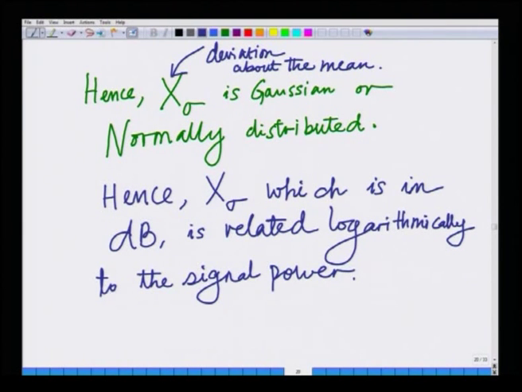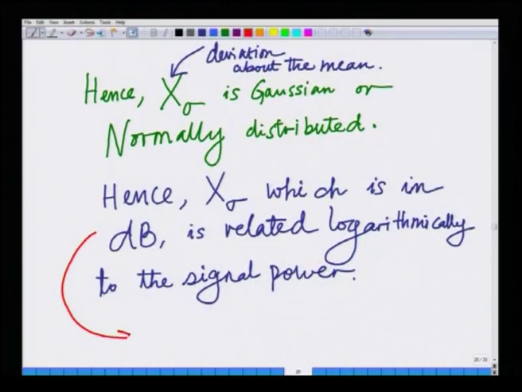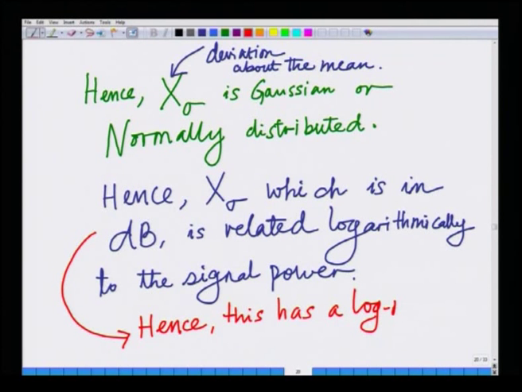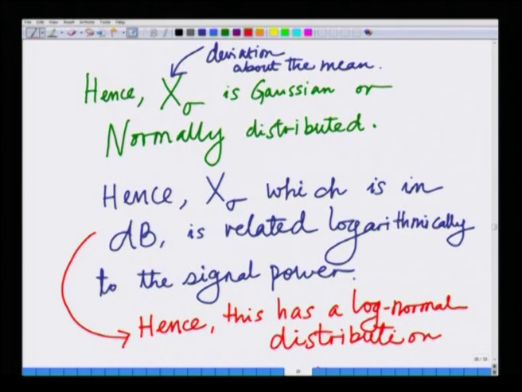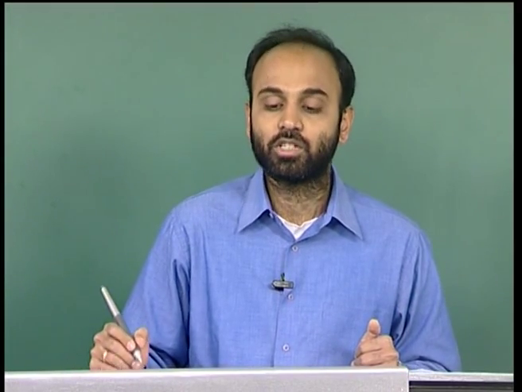It is normally distributed, and since it is in dB, it is logarithmically related to the signal power. Hence, this has a log normal distribution. That is the reason this shadowing is also termed as log normal shadowing.